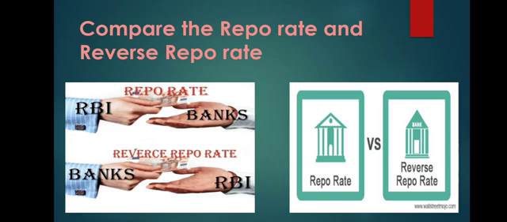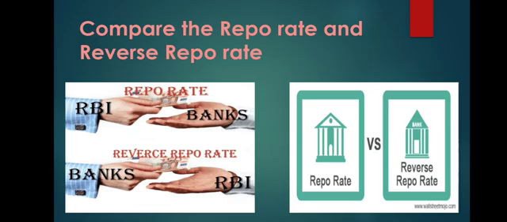Let's compare the repo rate and reverse repo rate. Repo rate is the rate at which the central bank grants loans to commercial banks against government securities. Reverse repo rate is the interest offered by RBI to banks who deposit funds with them. Repo rate is higher than the reverse repo rate.